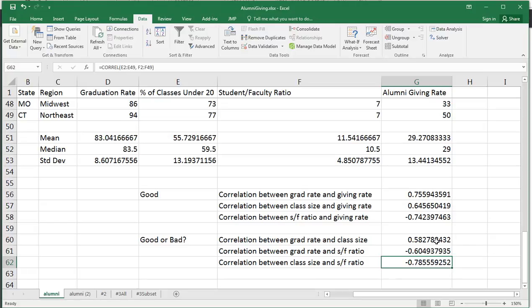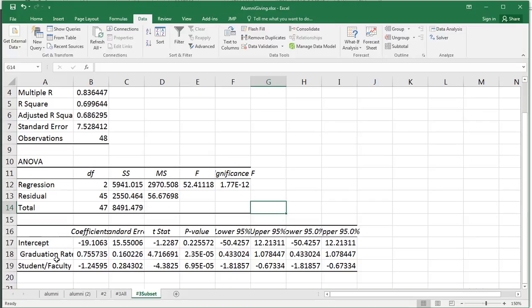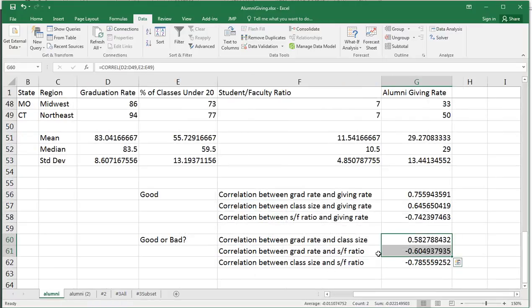These other ones are kind of high, but seem to be doing okay, because when we looked at just grad rate and class size over here, notice that we came up with graduation rate and student faculty ratio as the best, and that is the negative 0.60 here between those.